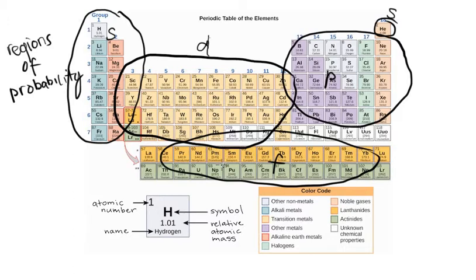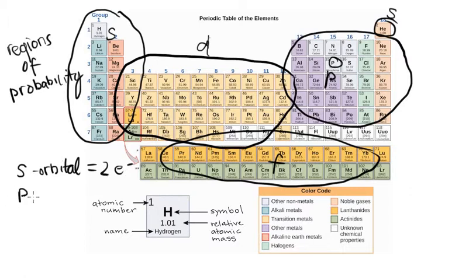Now, we can use the periodic table to determine the electron configuration order. So let's say we have an atom of phosphorus. We want to know what its electron configuration is. I'm going to do this step by step. The s orbital can have a max of 2 electrons.